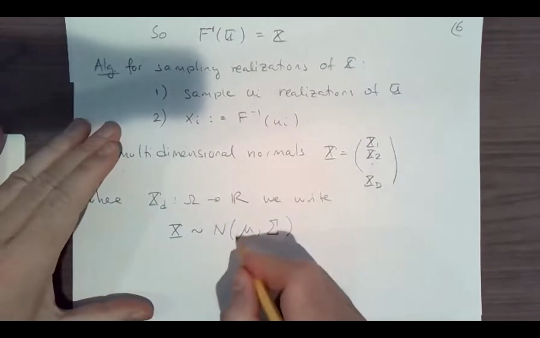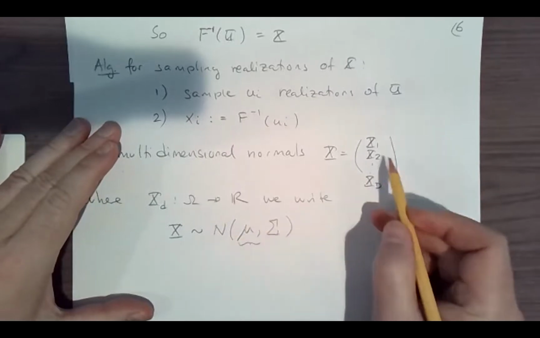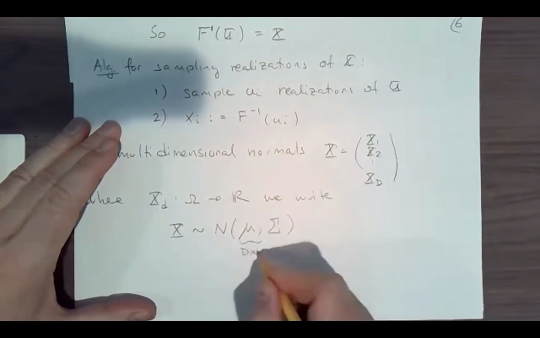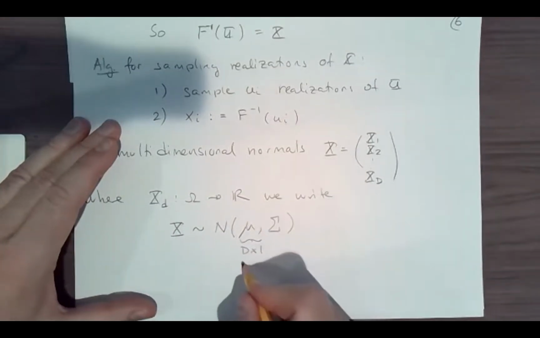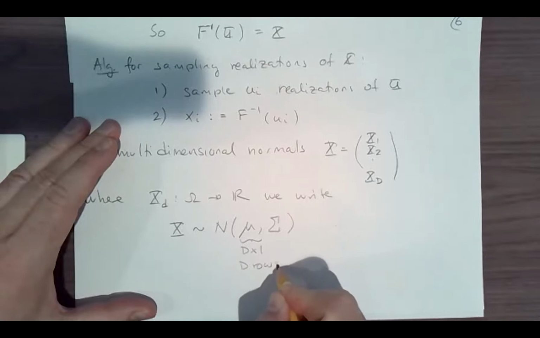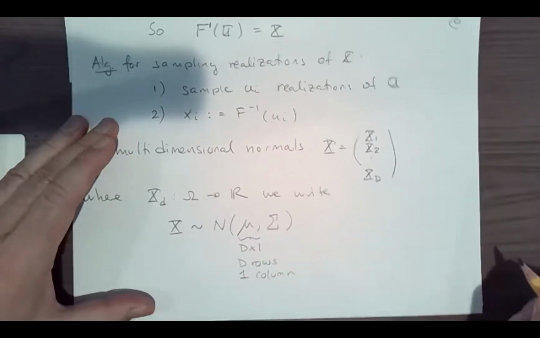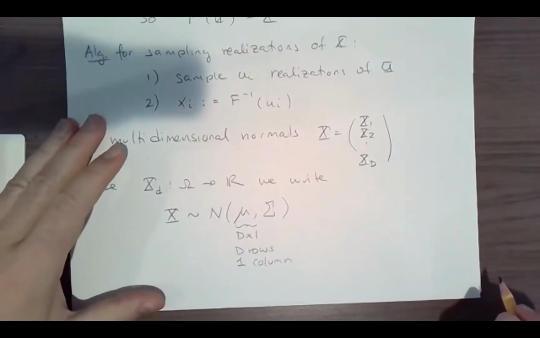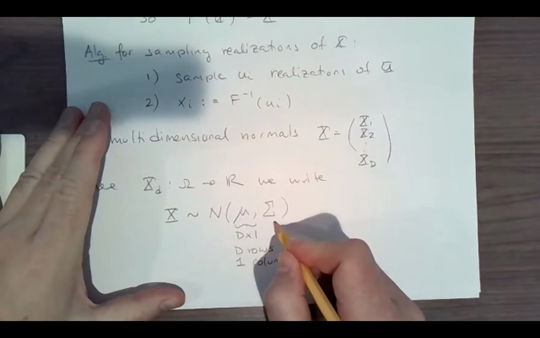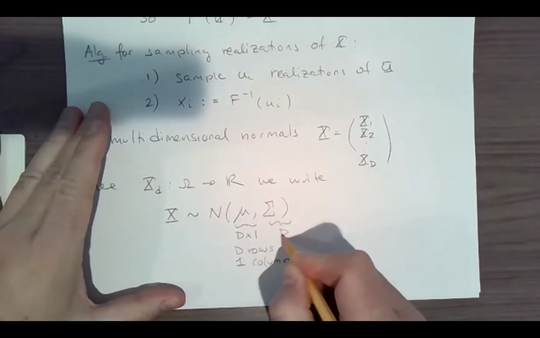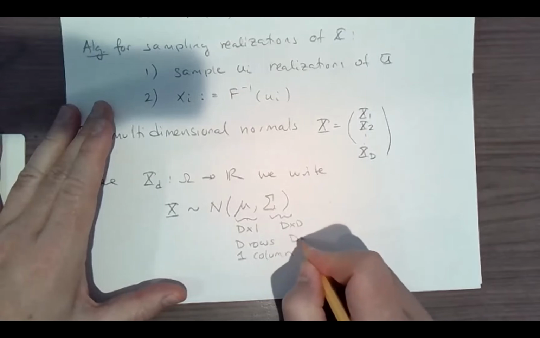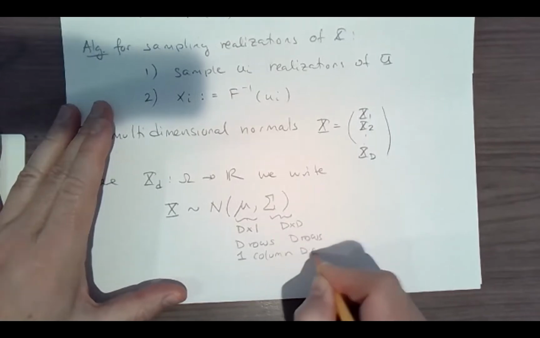In mu, this is a d by 1, so d rows, 1 column. And the variance-covariance matrix is a d by d, a square matrix that has d rows and d columns.